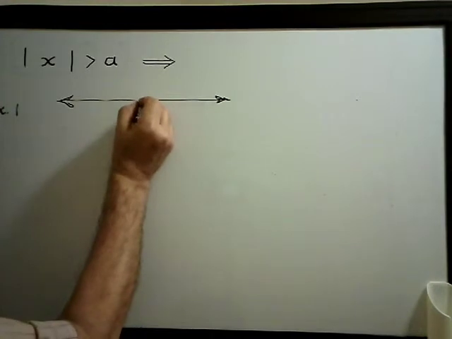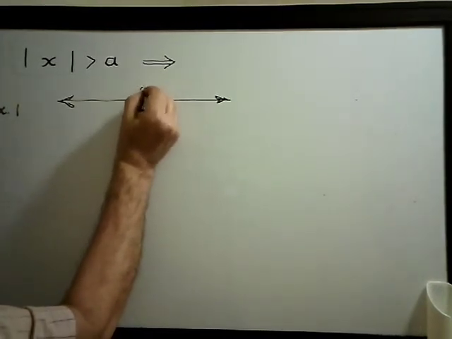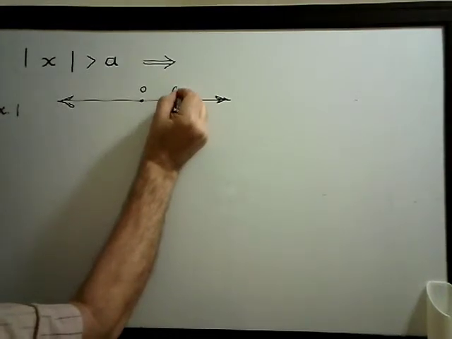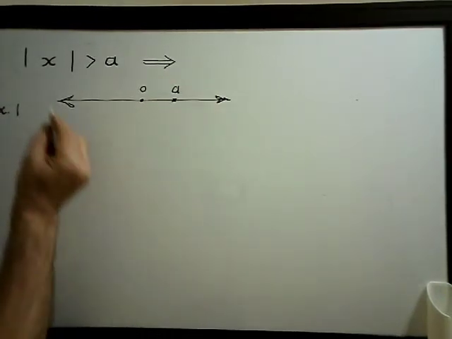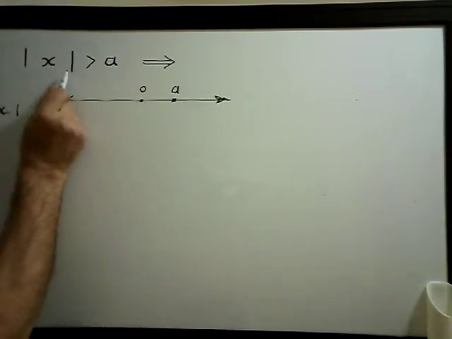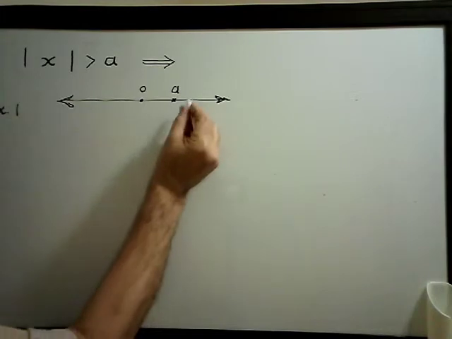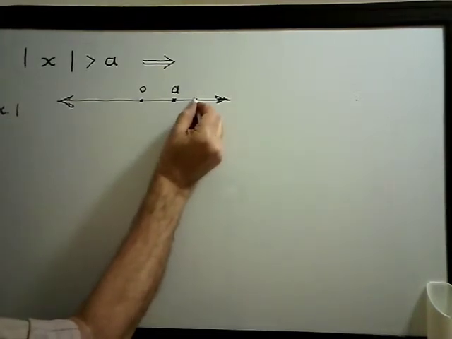When 0 is here, the origin number, and a, let me consider a here. As the absolute value is greater than a, that means x will be beyond a. It will be at a point like here.